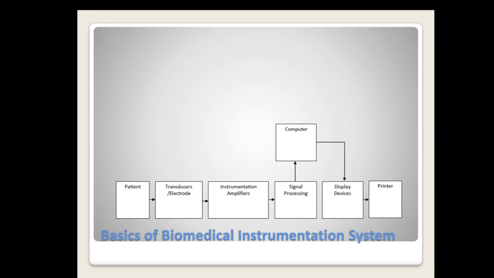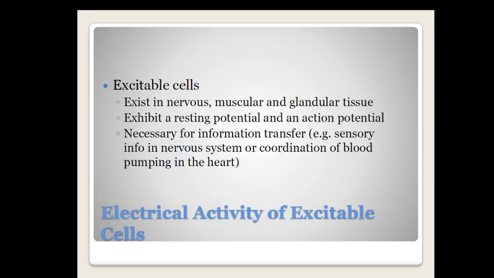After that, the signal processing unit, where we want to convert into digital form, right? So for that we use ADC converters, filters and so on. And next, the system computer, maybe an output display, a printer, a surgical tool, or whatever it may be. These are the different blocks of a biomedical instrumentation system.